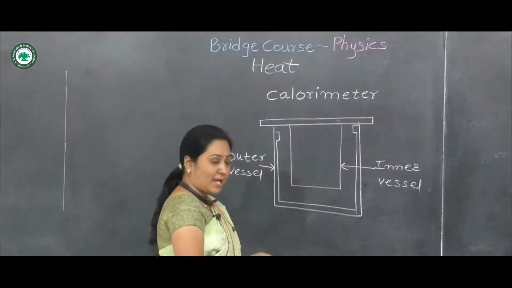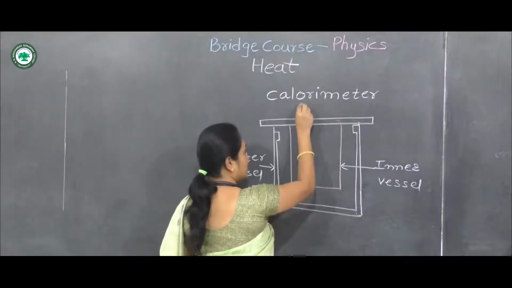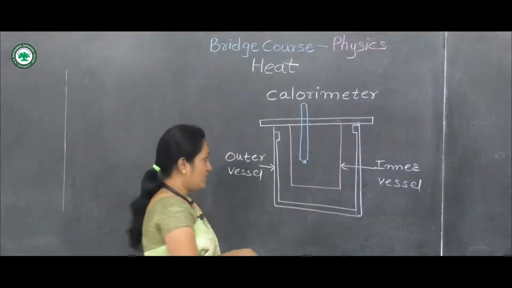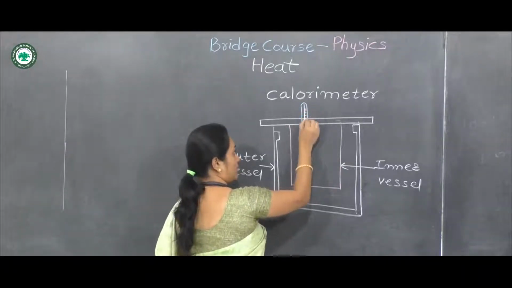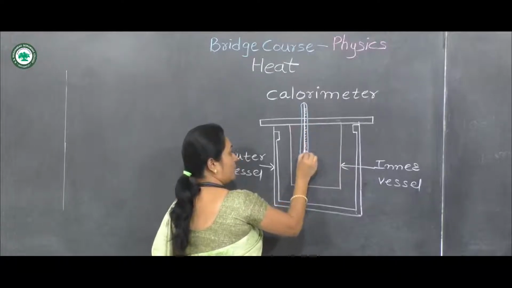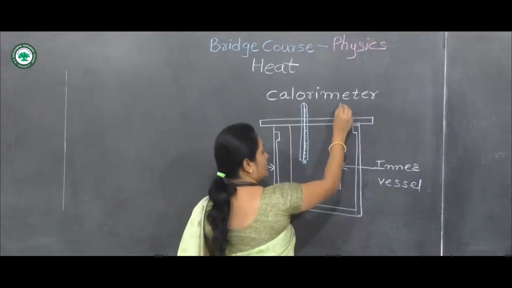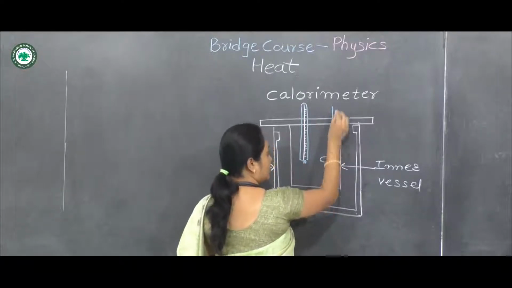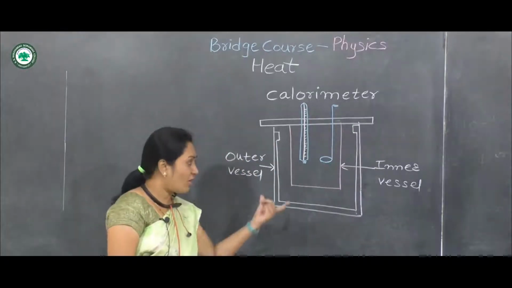In this calorimeter we use a thermometer for the measurement of temperature. Also we use a stirrer for stirring the water.